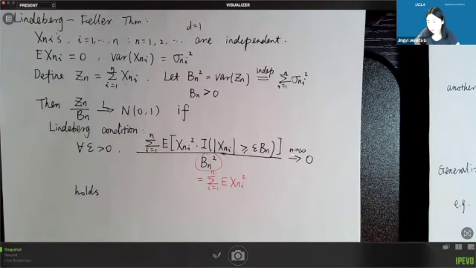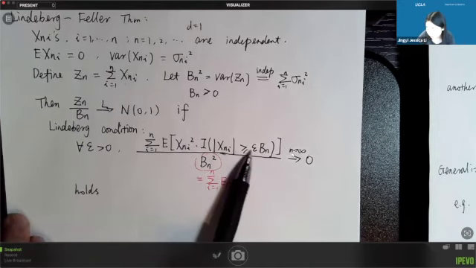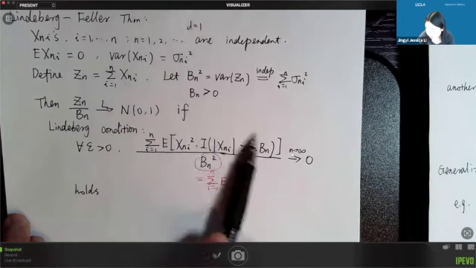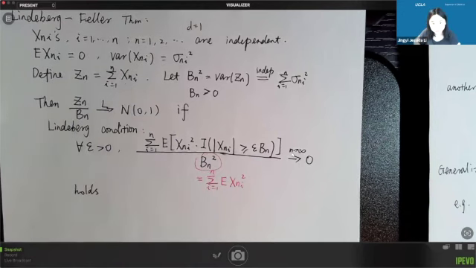That guarantees that if I restrict myself to those large values and look at their variances, it's very small compared to the variances of all values. We'll get a better intuition about this later, but let's look at this condition for a few more seconds before we continue.